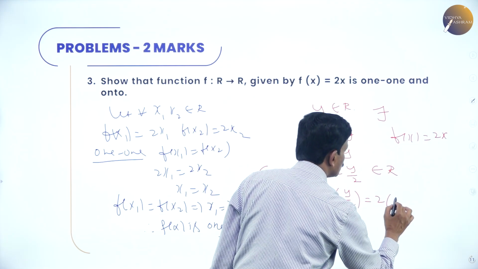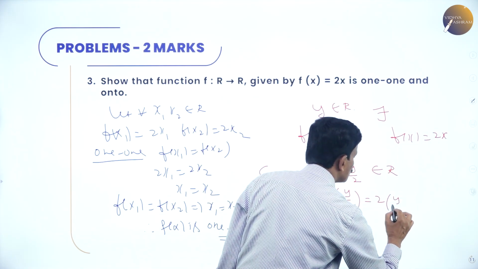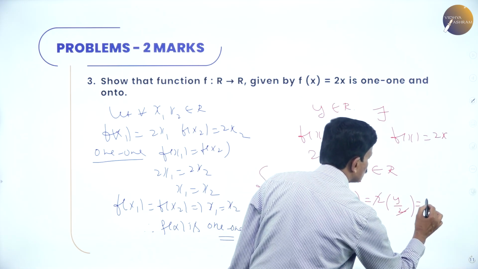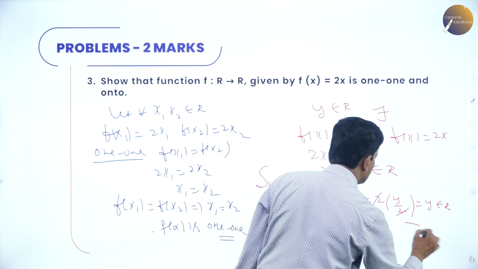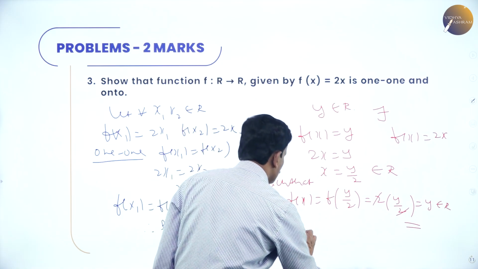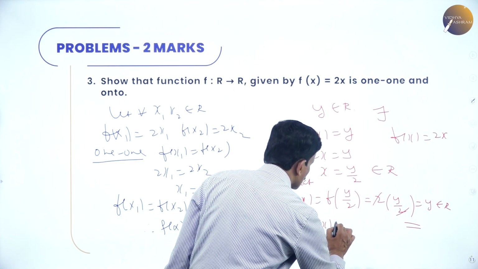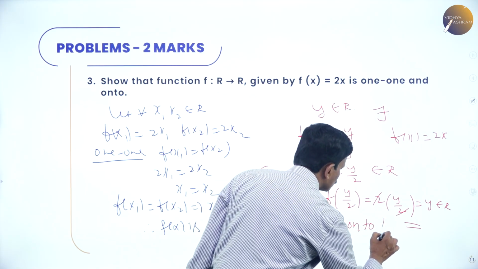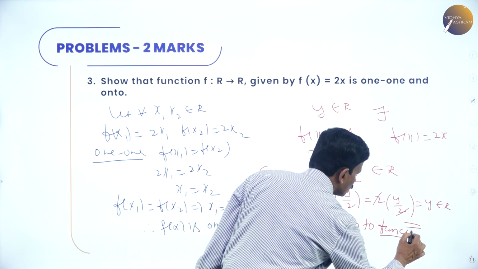You will get 2 times y/2, the 2 and 2 cancel, equal to y belongs to R. So, f(x) = y. Therefore, f(x) is an onto function.